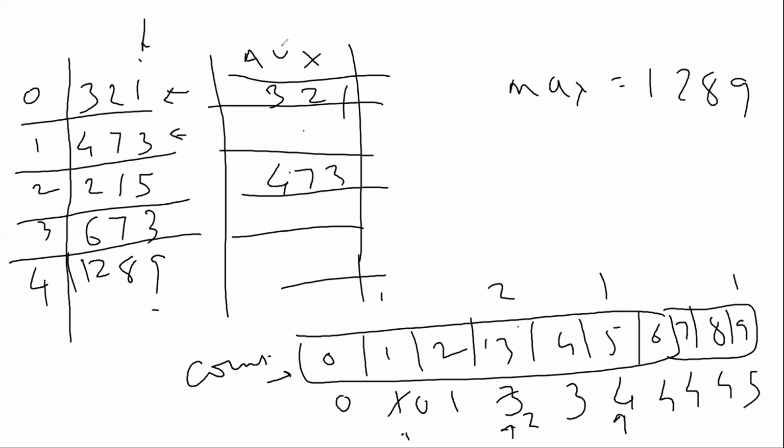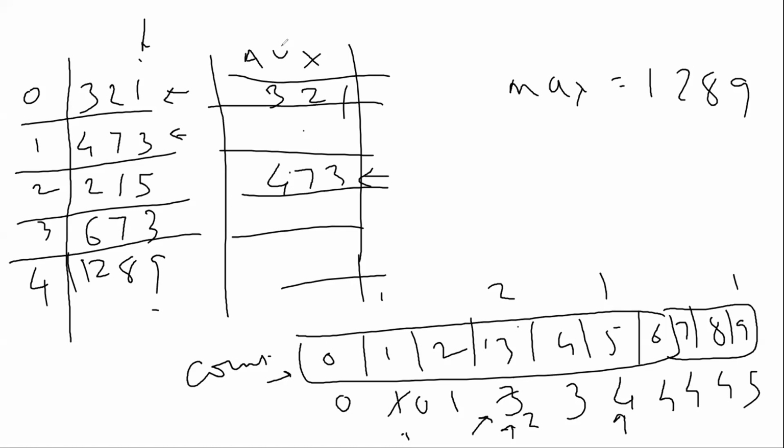Here the value is 3, the cumulative value. So I decrement that value first, making it 2. I take this 2 and look at the auxiliary array. The index at 2 is over here, and therefore I place 4, 7, 3 in this place.